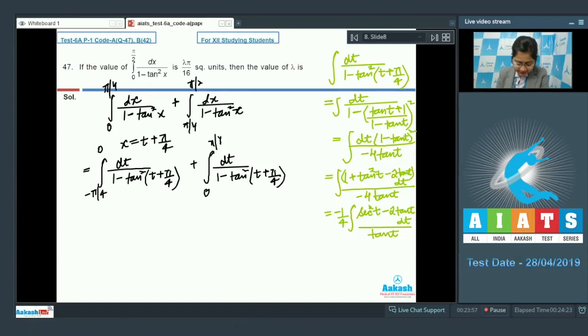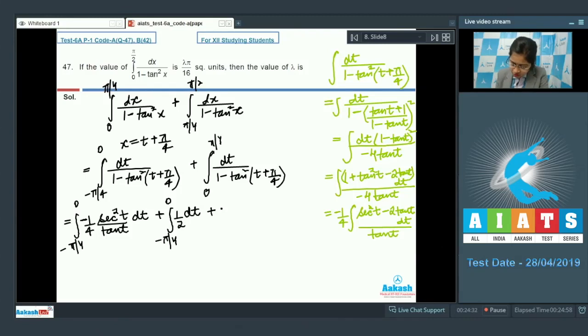So let us directly write it here, that it is equal to the integral from minus pi by 4 to 0 of minus 1 by 4 into secant square t upon tan t into dt, plus the integral from minus pi by 4 to 0, taking the next term, that is minus 1 by 4 into minus 2, that is 1 by 2 into dt.